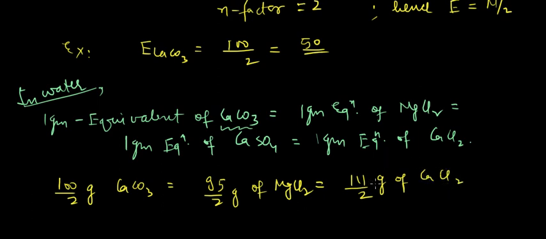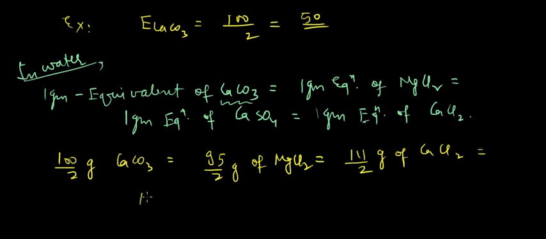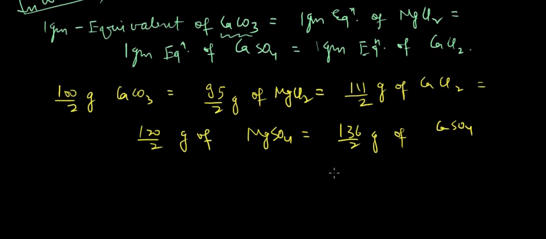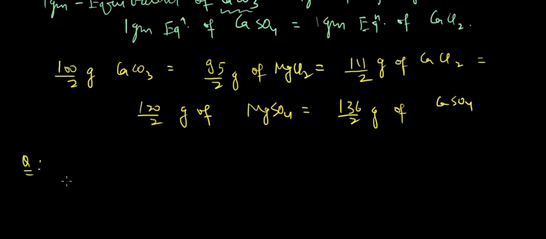I beg your pardon, 111 is the mass of CaCl2, not CaSO4. That equals 120 by 2 grams of MgSO4, which in turn equals 136 by 2 grams of CaSO4.